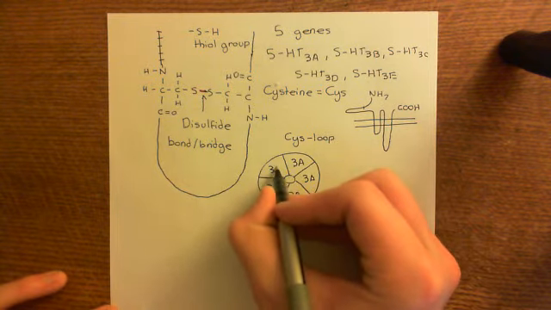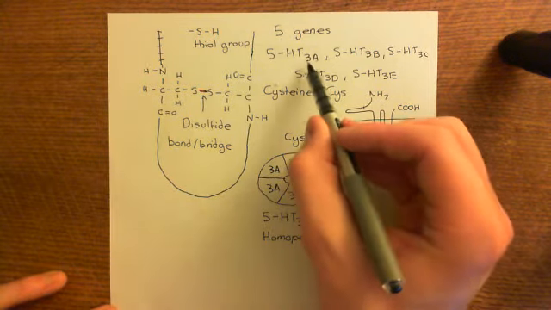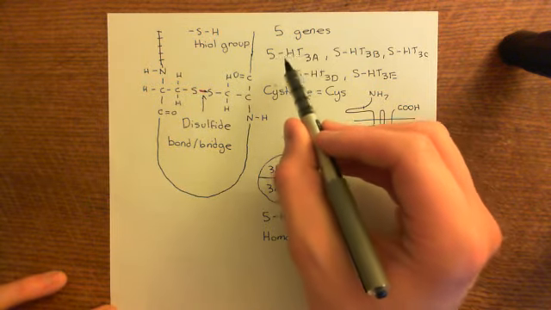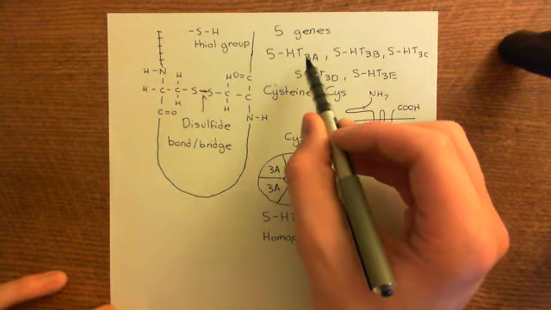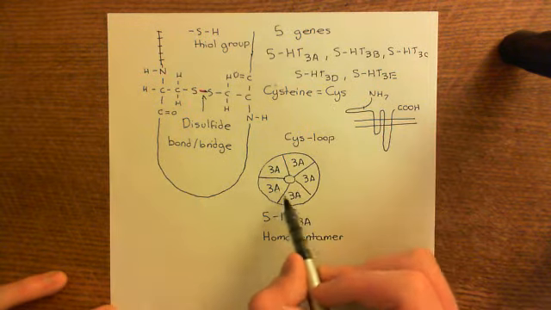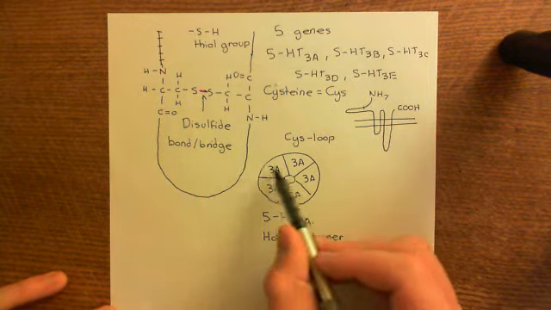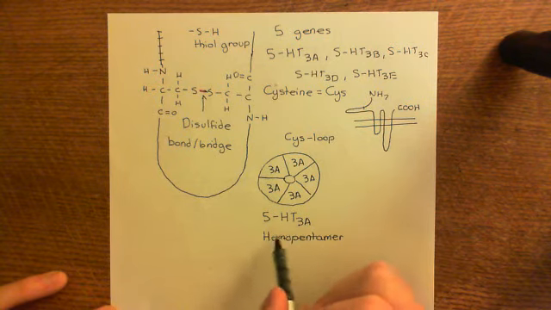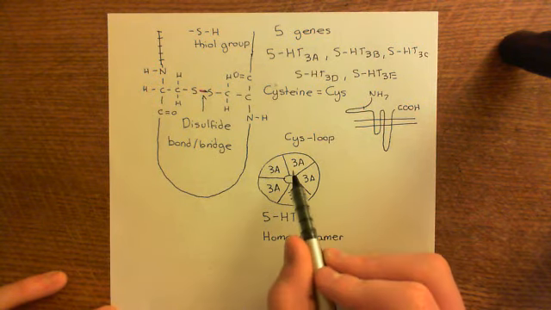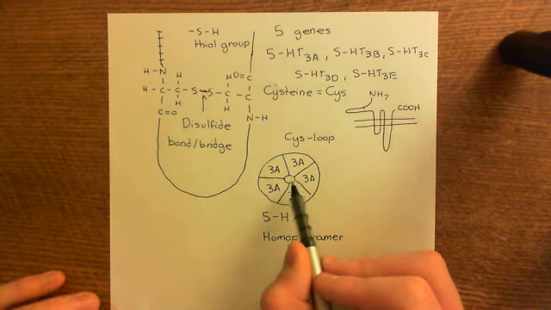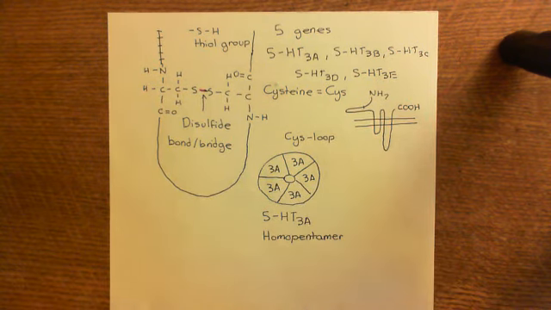So you go to the 5-HT3A gene, you use it 5 times to make 5 identical proteins, and you stick these together to make a 5-HT3A homopentamer, and this is a functional 5-HT3 receptor. Okay, and we'll continue this discussion in the next video.